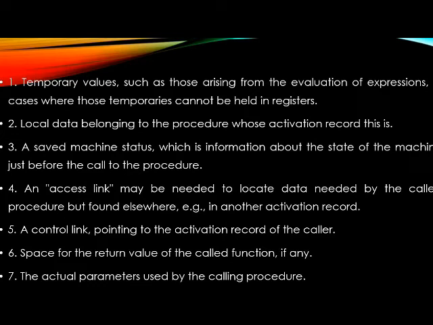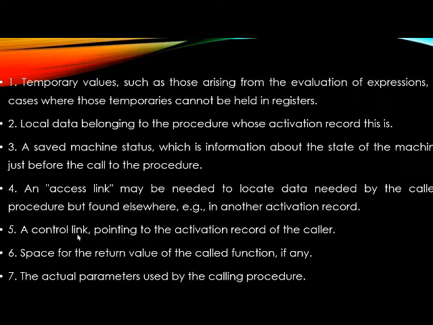Why? Because that data is provided by their subfunction. So the access link is used to access the subfunction's data. The original data is not stored in that memory location; the required data is stored in the subfunction's memory location.